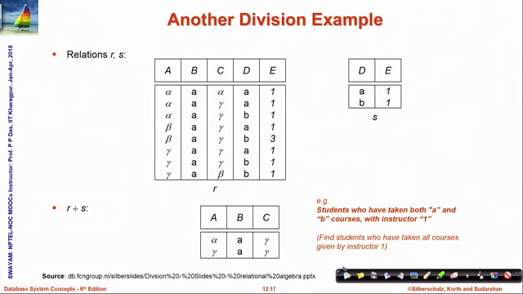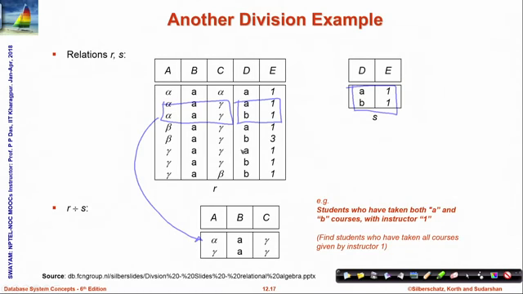So, if we look here, this is a 1 b 1, a 1 b 1 here, these are identical. So, this particular tuple will go into the result.